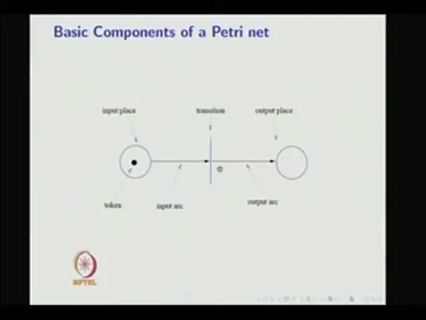The arc from the transition to the place is called the output arc, and the corresponding place is called the output place. The number of dots inside a place are called tokens. Here the input place has one token, whereas this place has no token.